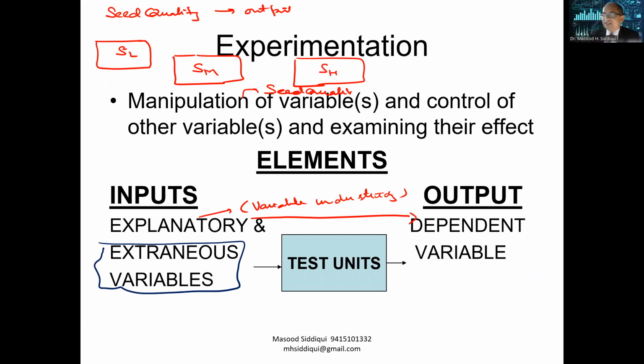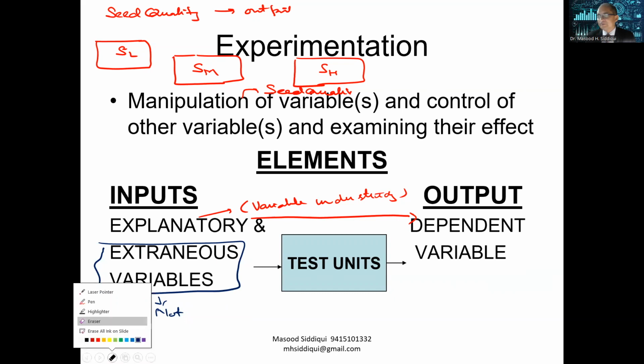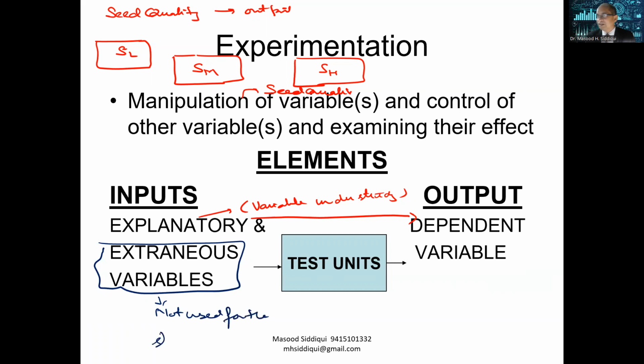These extraneous variables are the variables which are not used for the study. Means they may have an impact, but we are not using them for the study, so they are known as extraneous variables.